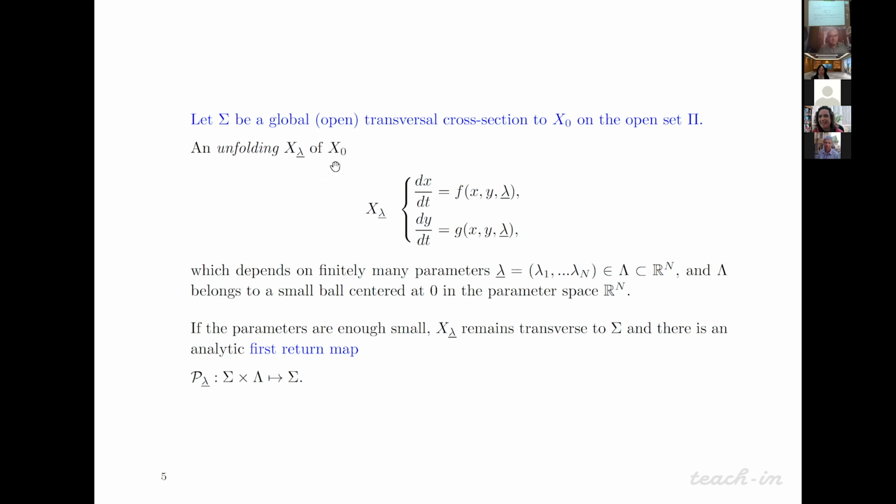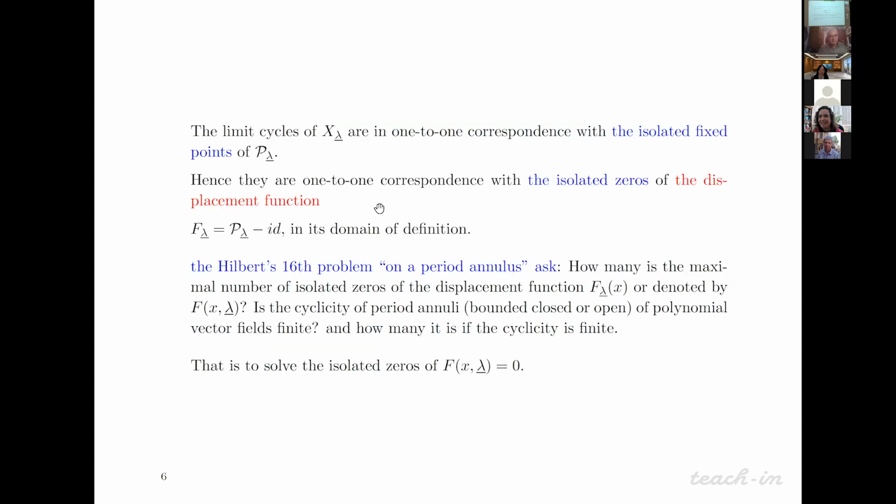For this return map, we can find isolated fixed points, which are in one-to-one correspondence with limit cycles.